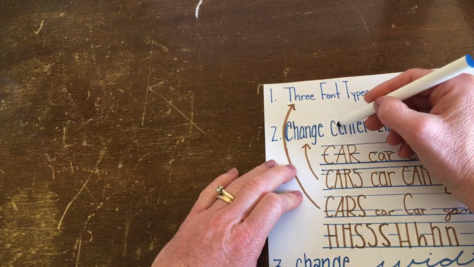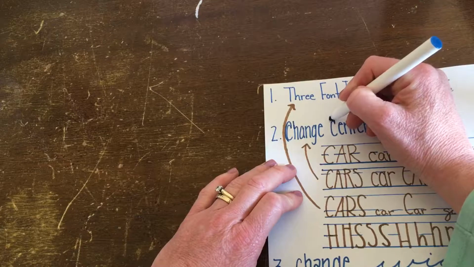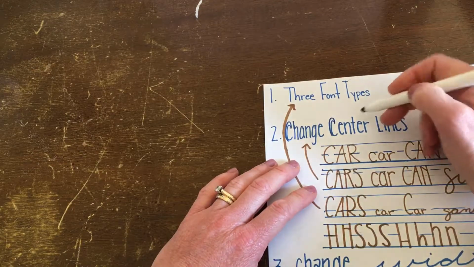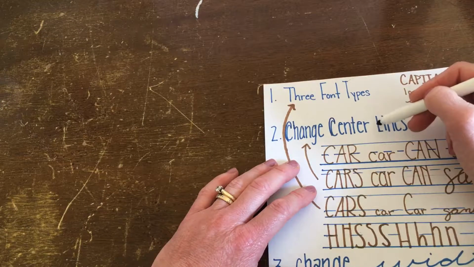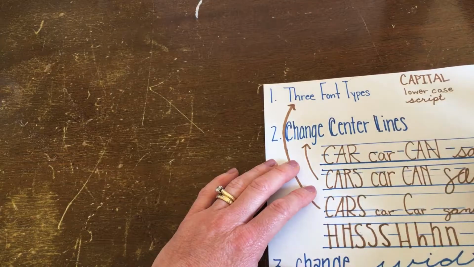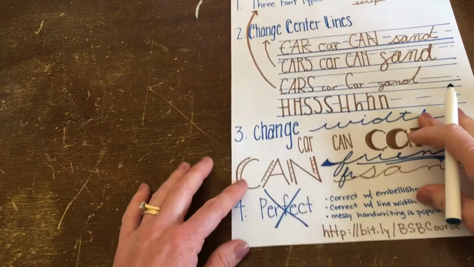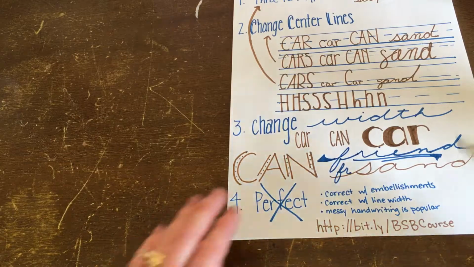If I wanted that a little more of a capital too, I could just come around and do that again, just like that. And then I would want to keep it congruent over here with the L, so I'd just make a little line. That's it.